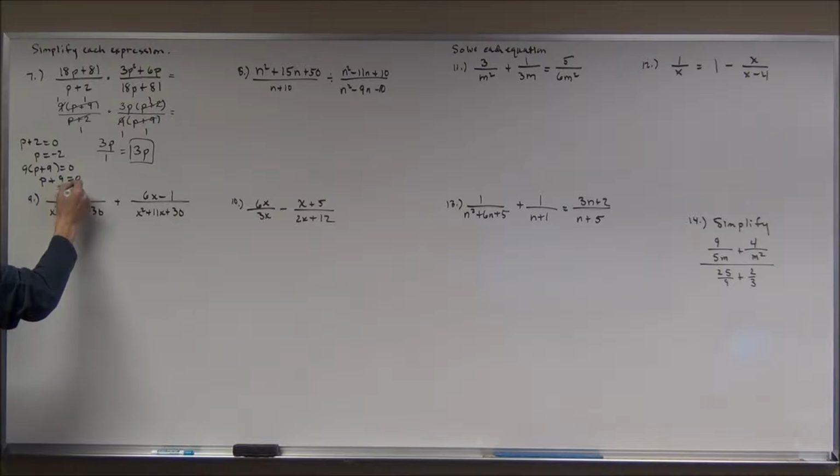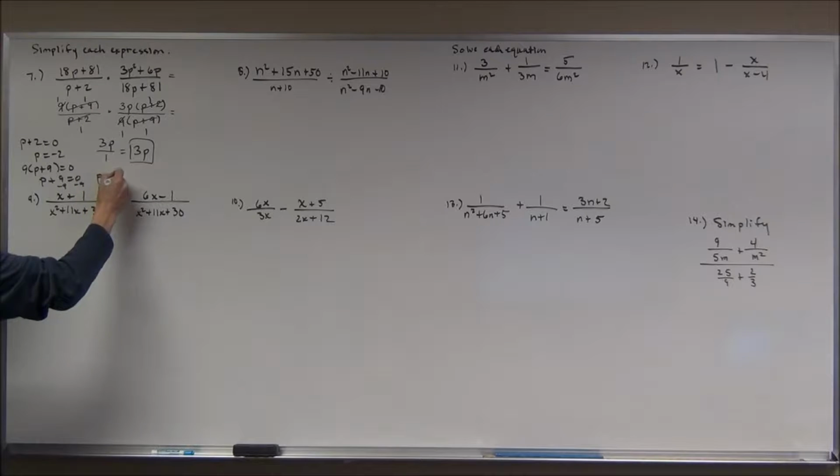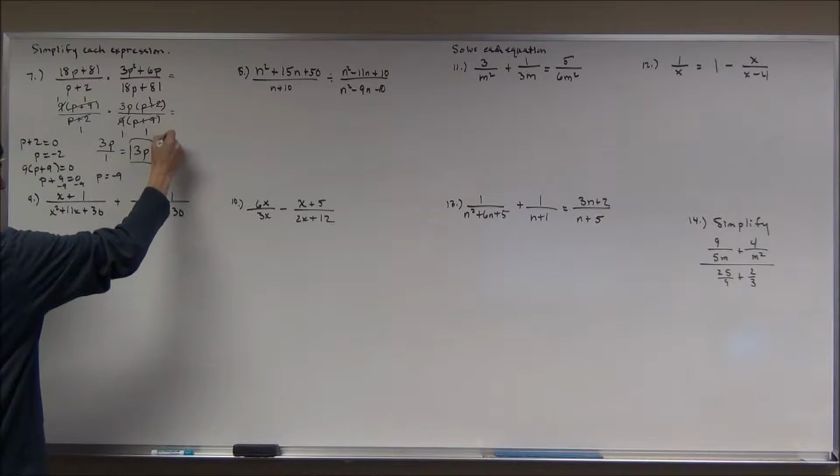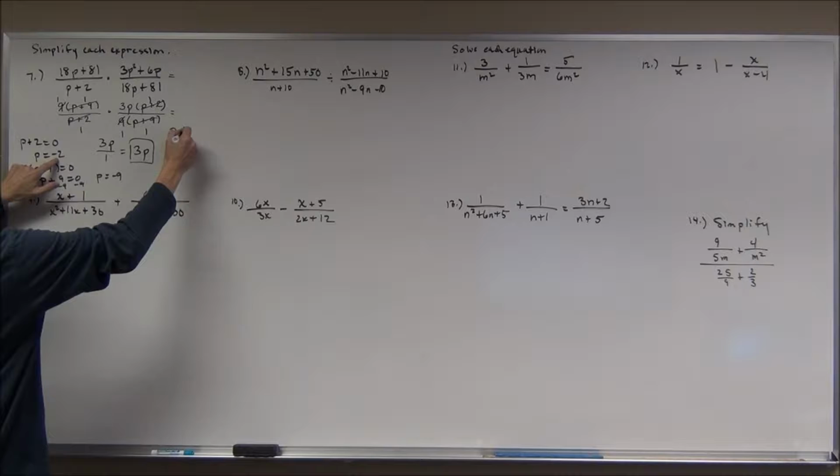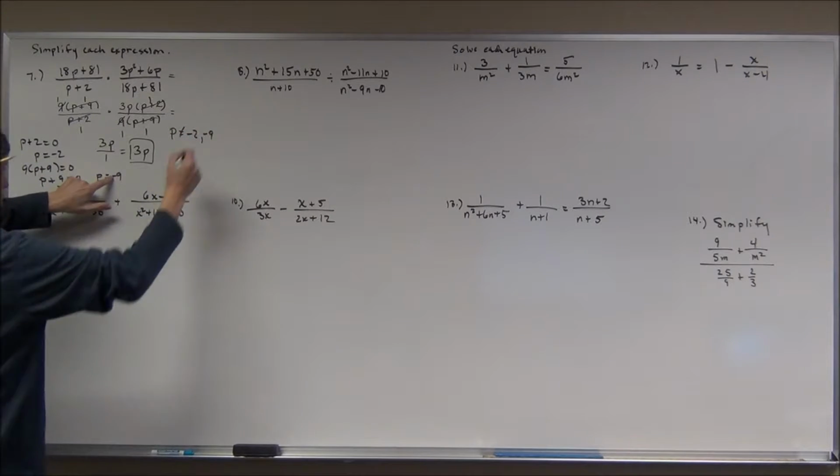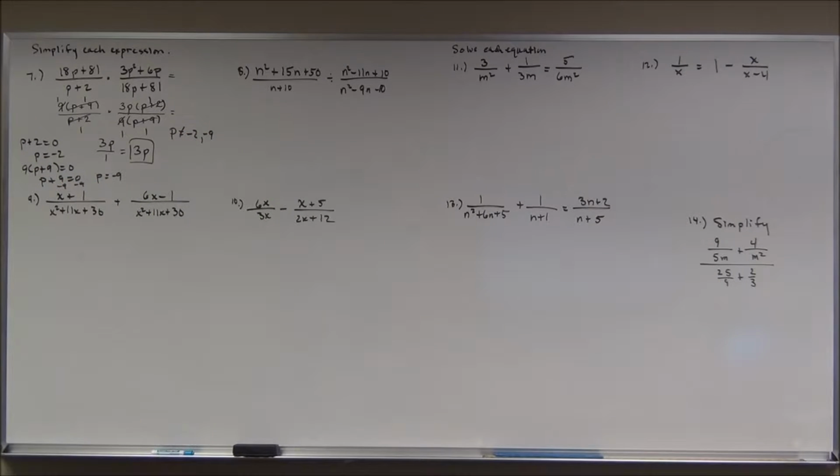If I subtract 9, I get p is equal to negative 9. So my restrictions would be p cannot equal negative 2 nor negative 9. Those would be the restrictions if they asked for that. They didn't ask for that in this particular review, but you never know. I saw some like that in your assignments previous to this. So that's how this first one works out.